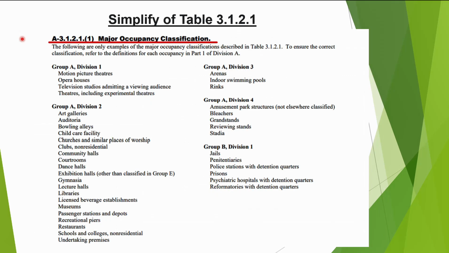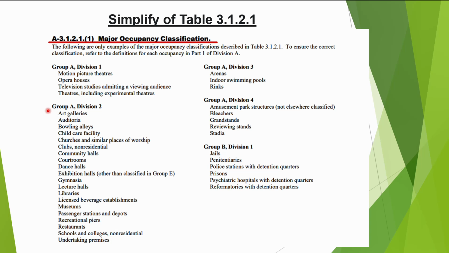Now let's simplify that table so you can picture what I was talking about a second ago. Group A Division 1: what are some of the major occupancies or buildings associated with this? We can look at motion picture theatres or opera houses. These all fall under Group A Division 1.